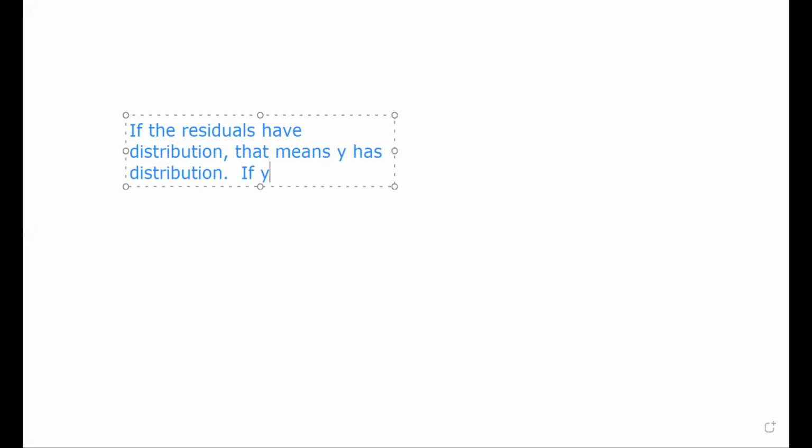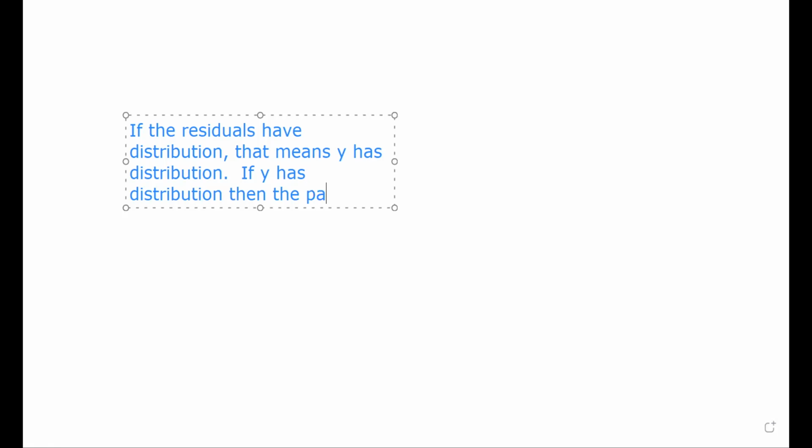If Y has a distribution, then beta, the parameters, have a distribution.